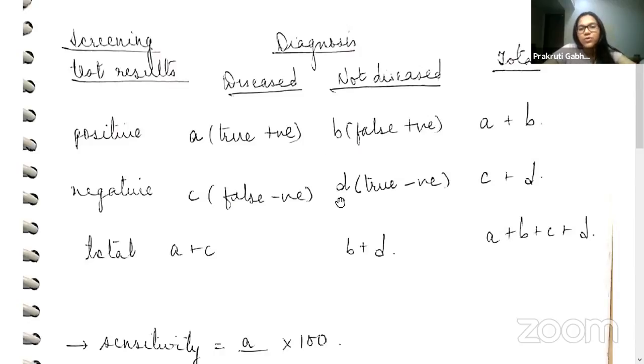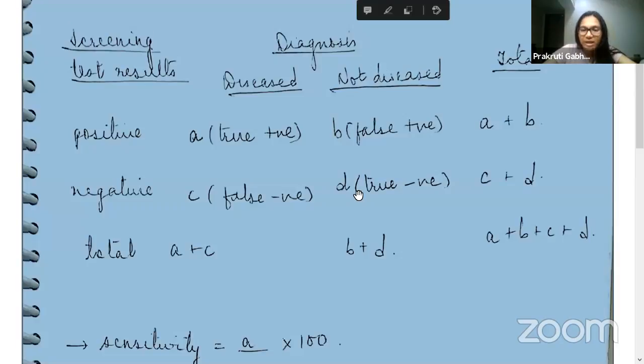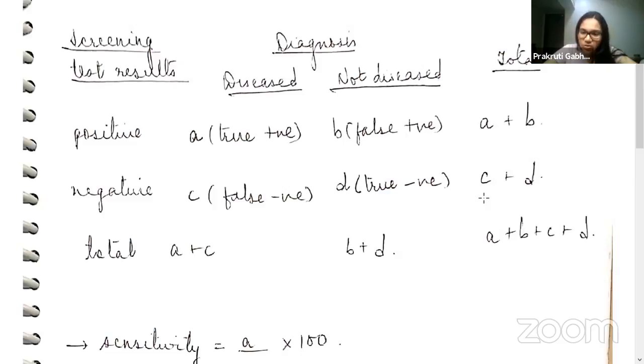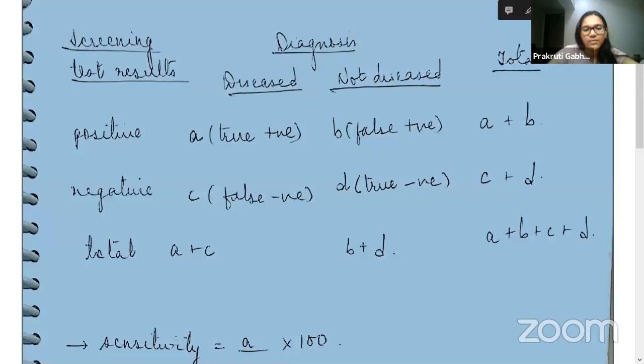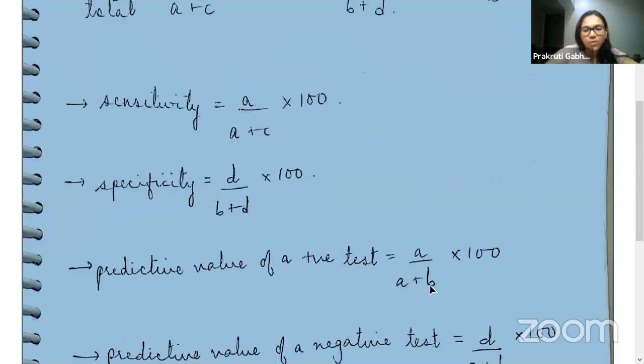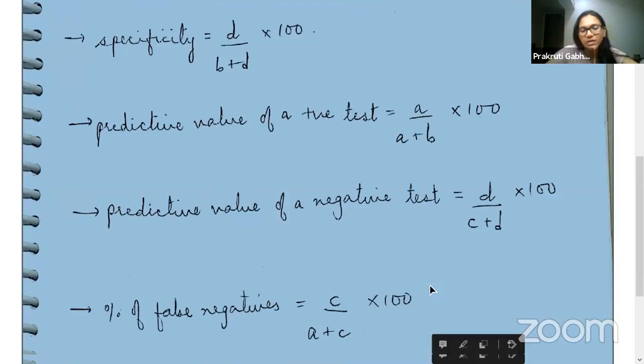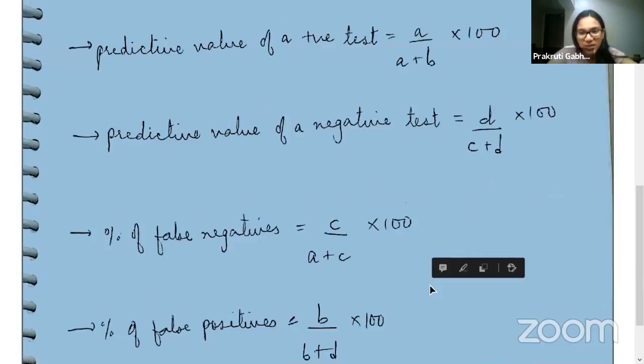Similarly, the predictive value of a negative screening test would be my true negatives, D, upon the total number of people who screened negative, that is D upon C plus D, into 100, because again you express it as a percentage. And next is, what is the percentage of false negatives and false positives?